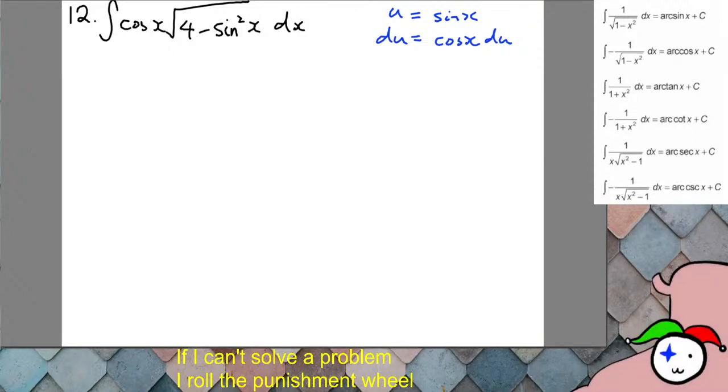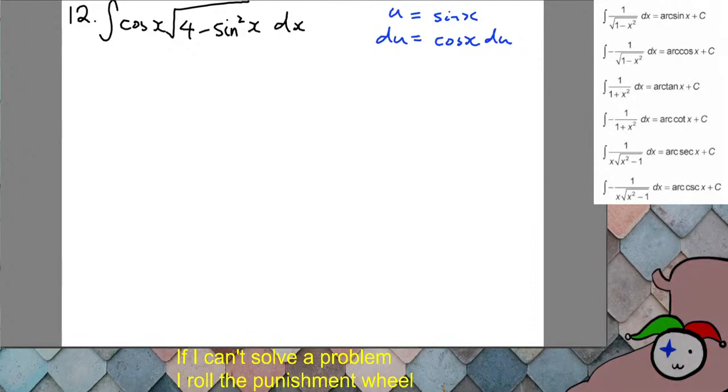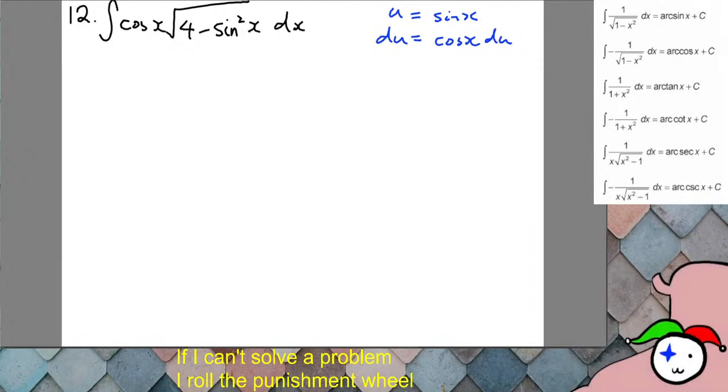People look up cos x over square root of 4 minus sine square x, which is slightly different from what we have here. Wait, hang on, I don't even need to.